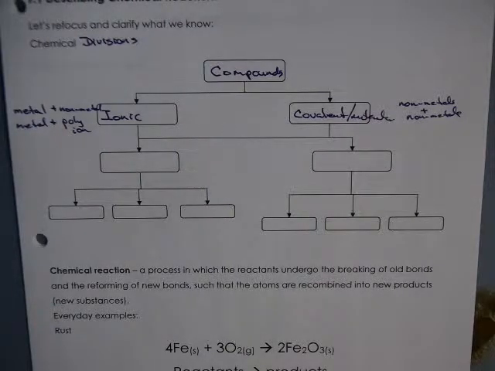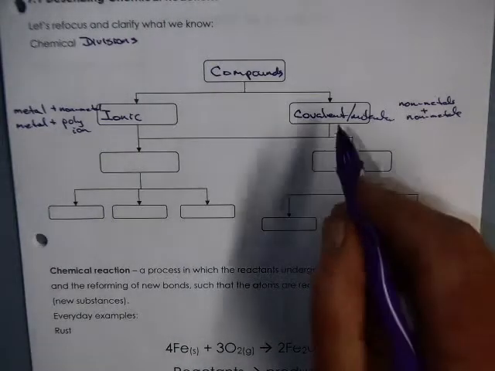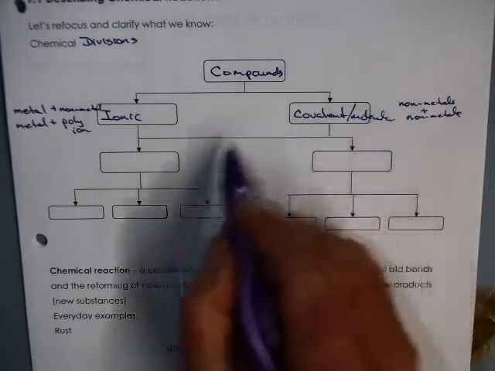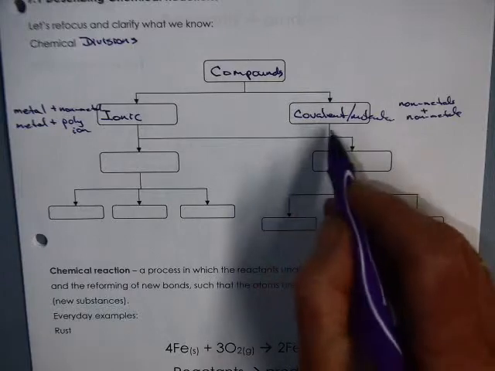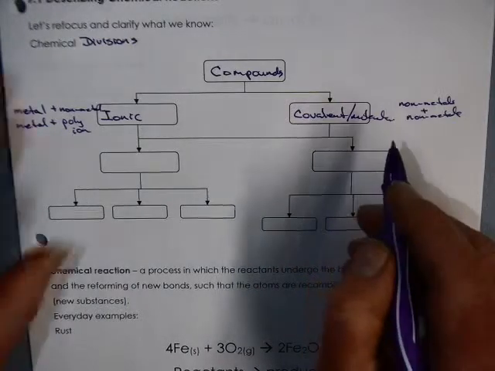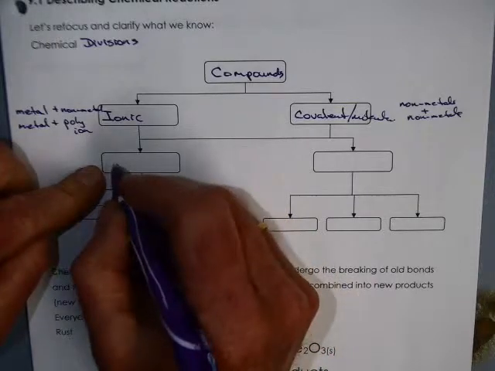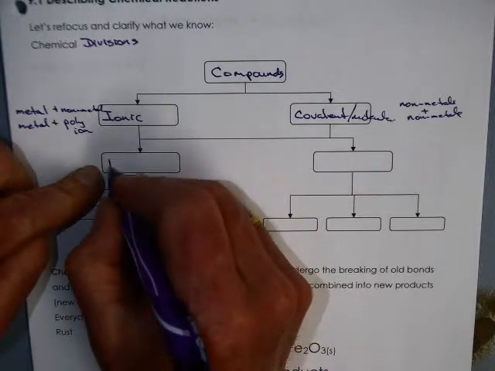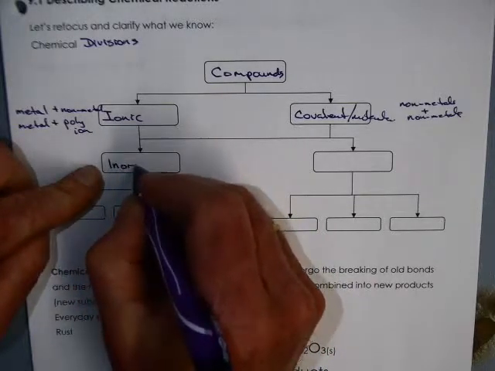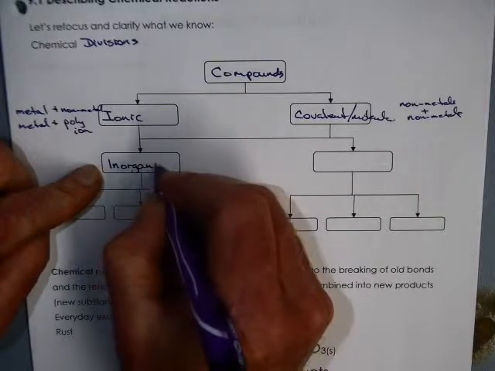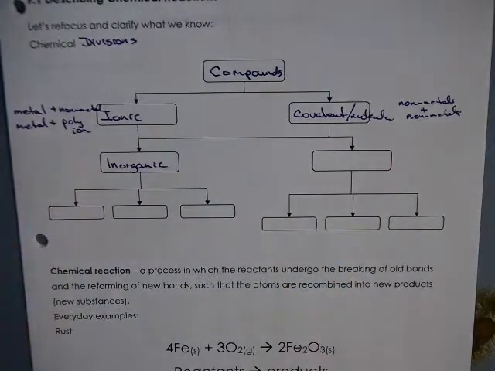I keep forgetting. Okay? Now, it turns out that from the covalent side, there are two possibilities. Well, okay. On this side, anything that's ionic is considered inorganic. It means from non-living sources.